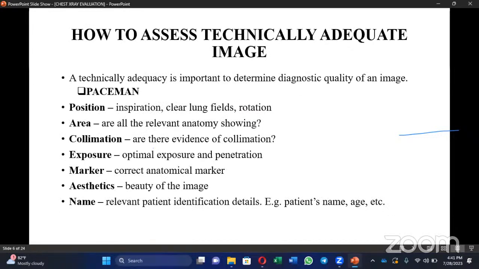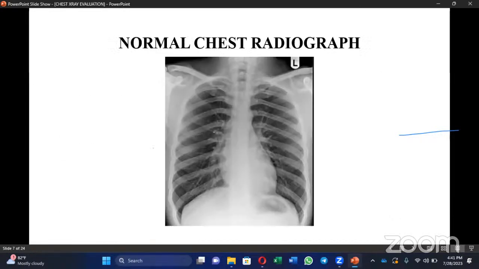Now let's look at the exposure. We said that the exposure is assessed by looking at the heart. You look through the heart, you see the thoracic spine within the heart. Then the marker. The reason why you are seeing L here, which is this part, this is the marker.